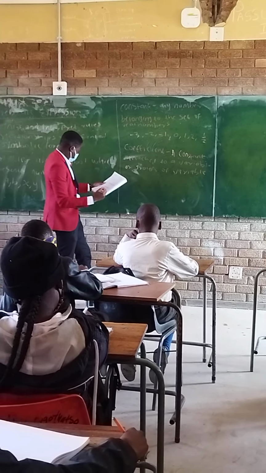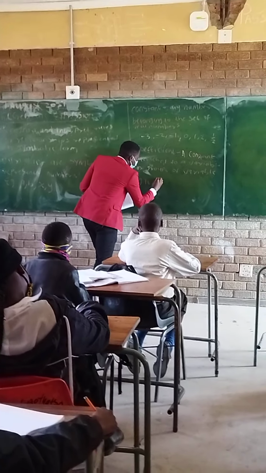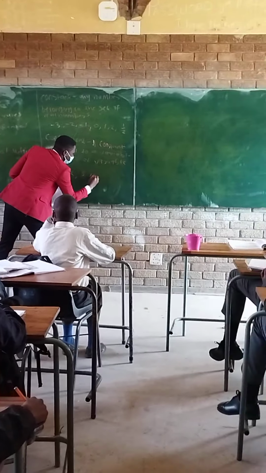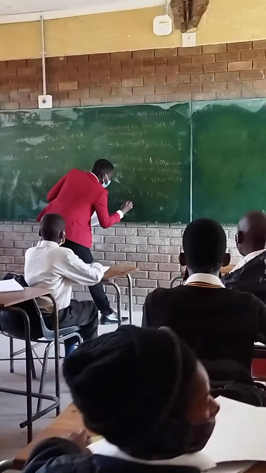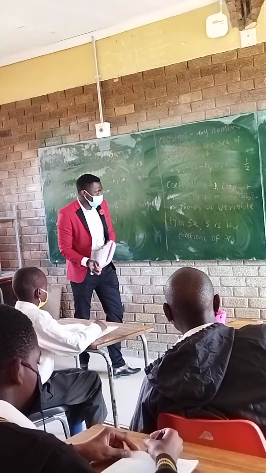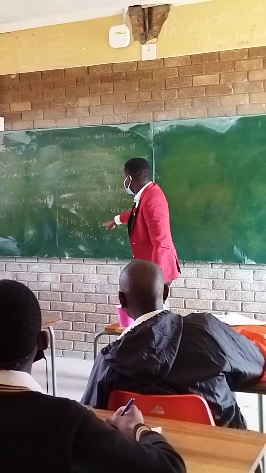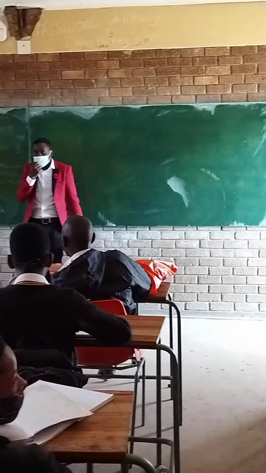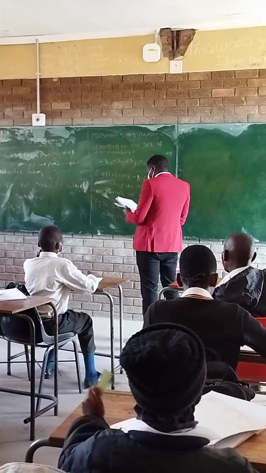For example, in 5x, 5 is the coefficient of x. You see? It's a constant, which is 5, attached to a variable, which in this case is x. You understand? That is a coefficient.